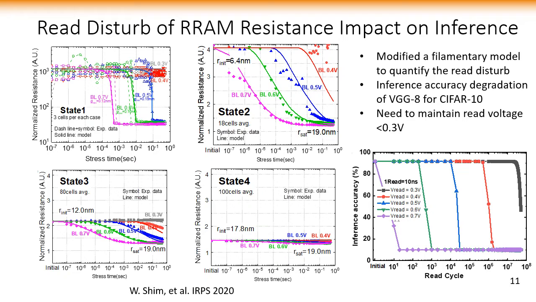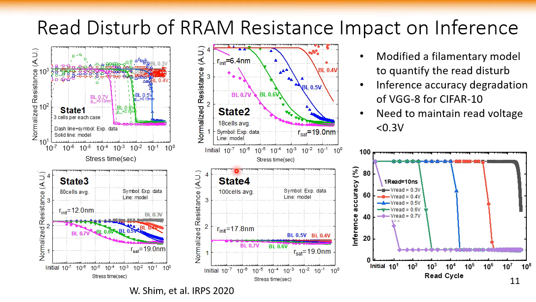After we program the RRAM resistance to the target, we may worry about the resistance drift due to the disturb, especially under the read stress. This may impact the inference accuracy. Here we test the different resistance levels under the read stress over time, and we do see the resistance changes at high bit-line read voltage, especially intermediate states like state 2 and state 3 may drift more gradually.